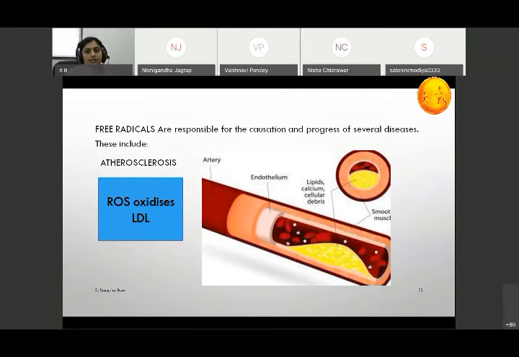Now this oxidized LDL will damage the endothelial tissues of the inner lining of the arteries, and that will lead to formation of certain steps, and plaque formation will be there. That plaque formation will lead to atherosclerosis. So indirectly, reactive oxygen species are causing atherosclerosis. This is the first disorder.